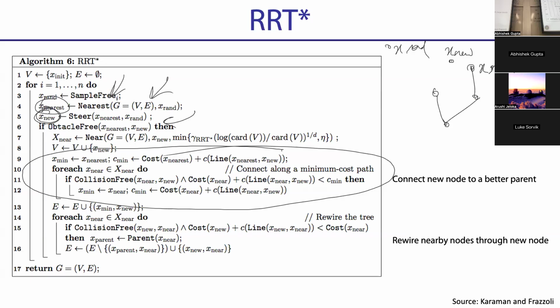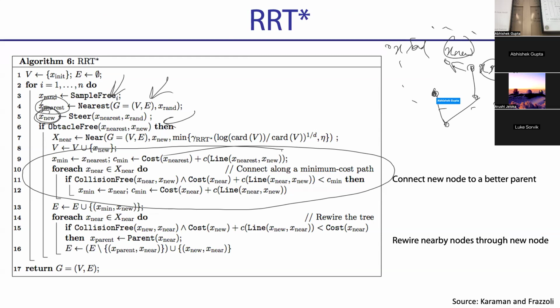So normally what RRT would do is it would just connect this guy to this guy, right? So RRT would connect these two things, like this connection would happen. What RRT star is going to do is rather than directly connect X new to X near, it's going to look in a radius and say, hey, actually, maybe connecting to this guy will give me a shorter path, right?